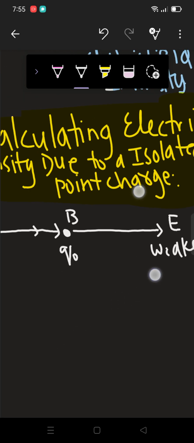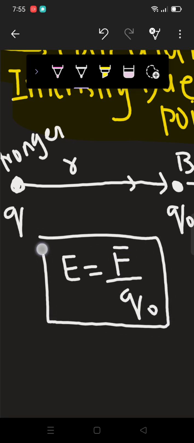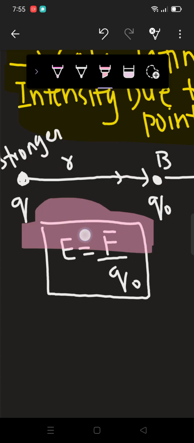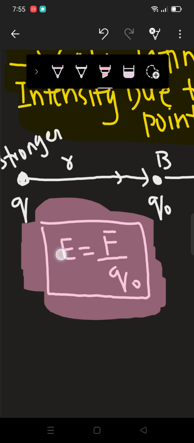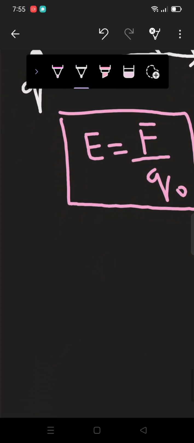Now we know that electric field intensity is equal to force per unit charge, and this was the formula which we read when we were discussing electric field intensity. Now we're going to calculate the electric field intensity due to an isolated point charge.